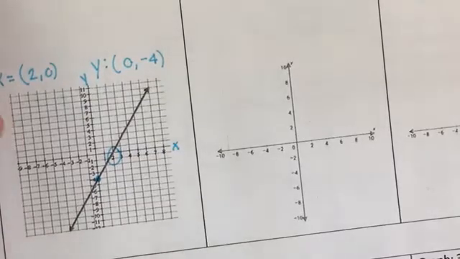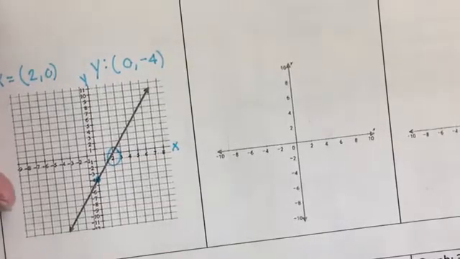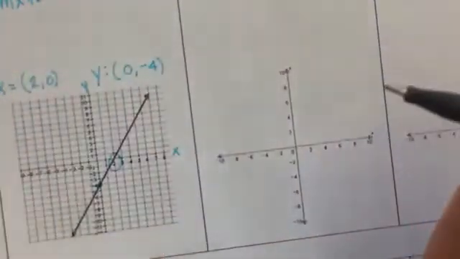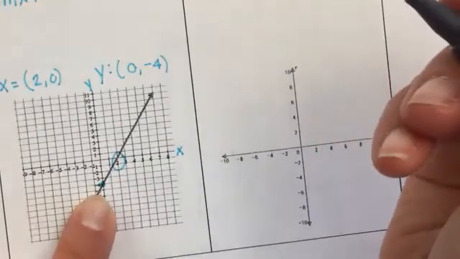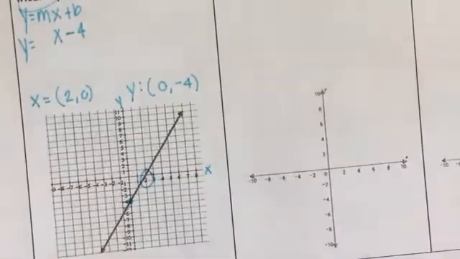The second part says, write the equation in slope-intercept form. So I wanted to tie in our slope-intercept form. You need the slope and the y-intercept. Well, we just found the y-intercept. What's that? -4. So that would be our y-intercept. And then we just practiced finding the slope. So how can we find the slope of that line?